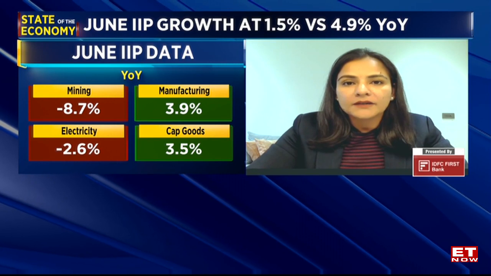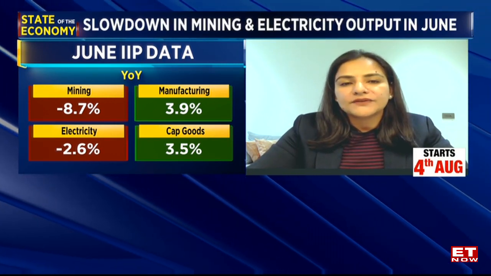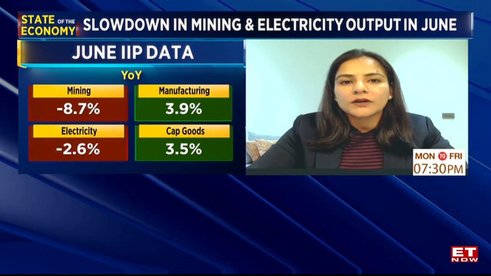Right. Okay. So my IIP number overall for this month was 1.7. This number has come in slightly below my expectation. The major disappointment, or deviation from my forecast, stems primarily from the mining number, because at -8.7, that is much lower than what we were accounting for.